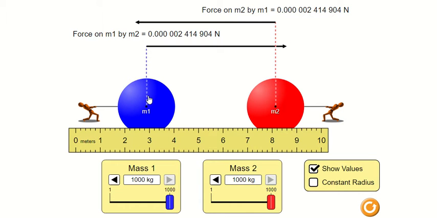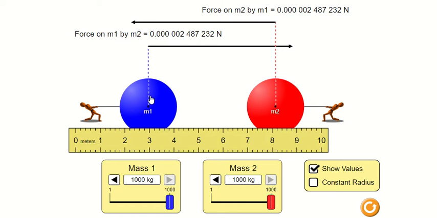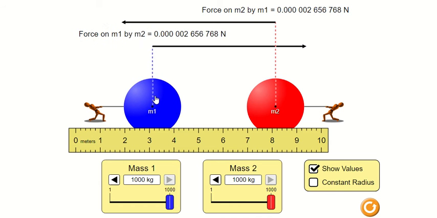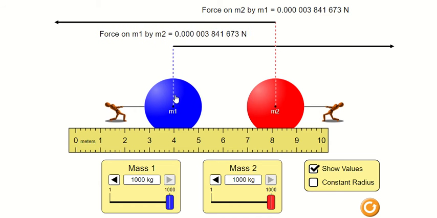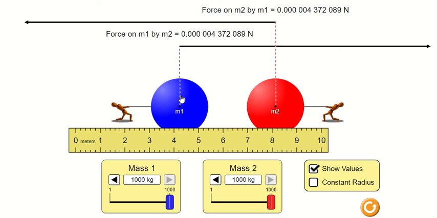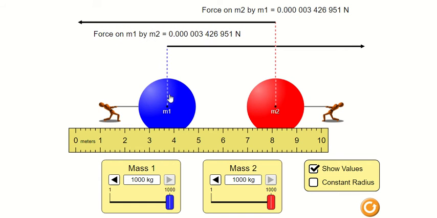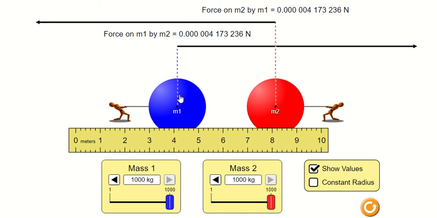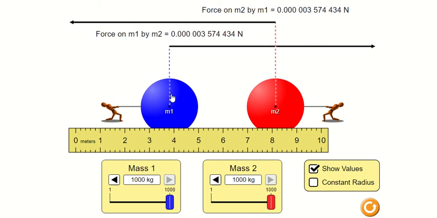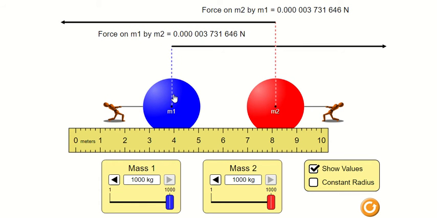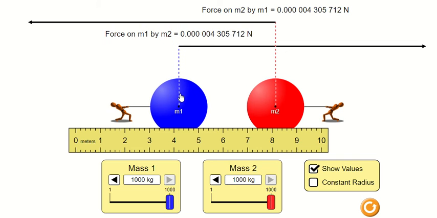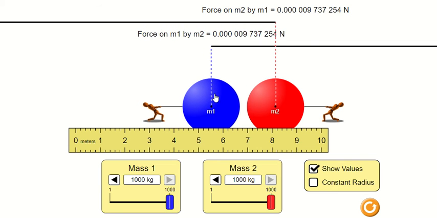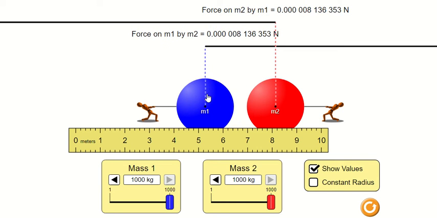Let's say I also decrease the distance. If I decrease the distance, we see the force increases, and it increases faster. Similarly, if I bring them very close to each other, the force increases too much.